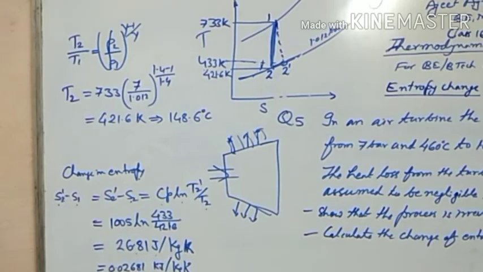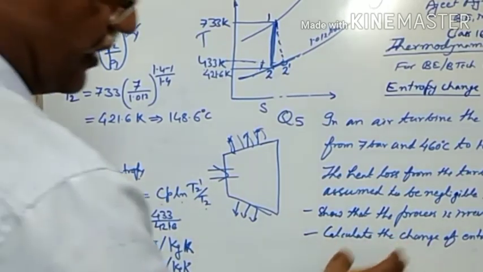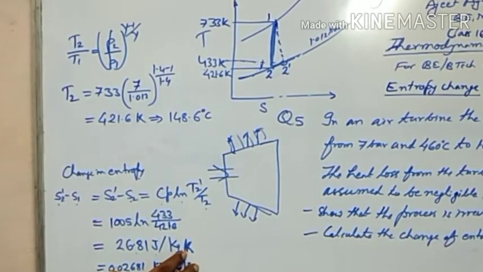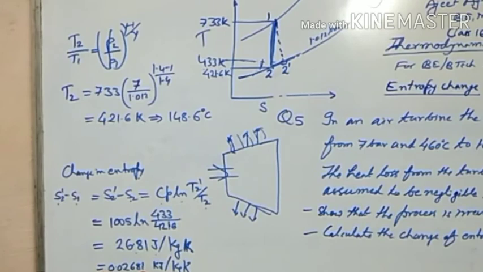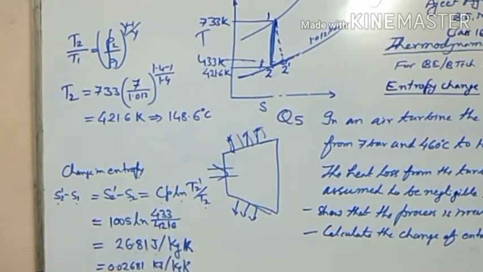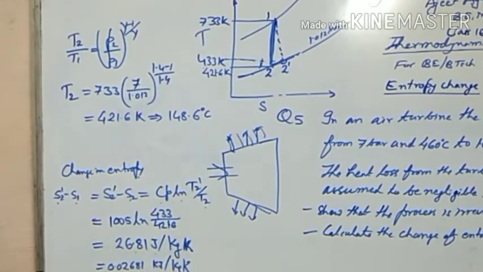So this is the change in entropy. So we can say this process is not a reversible process. This process is actually an irreversible process, because the entropy has increased. If this comes out to be 0, then we will say this process is reversible. So in this case, it is an irreversible process, and this is the change in entropy.